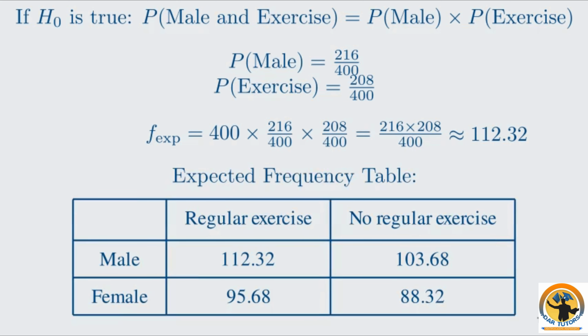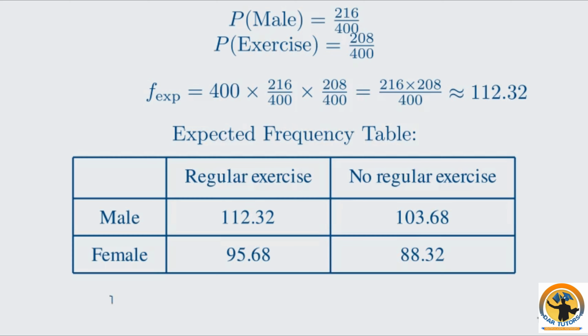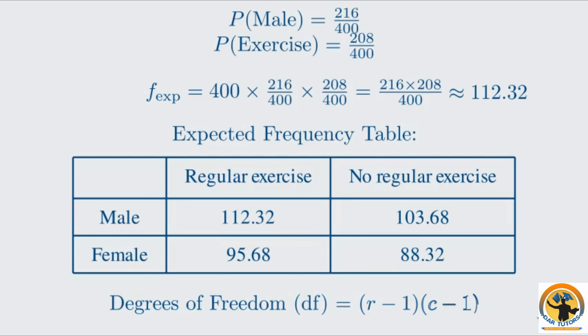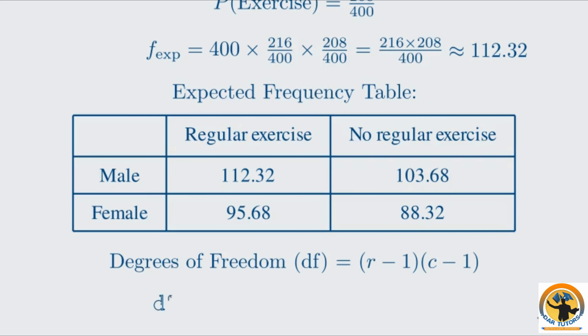Next, let's find the degrees of freedom. For a contingency table with R rows and C columns, the formula is R minus 1 times C minus 1. This formula comes from considering how many cells we can fill freely before the rest are determined by the row and column totals. In our 2x2 table, we have 2 rows and 2 columns, so DF is 1 times 1, which equals 1.